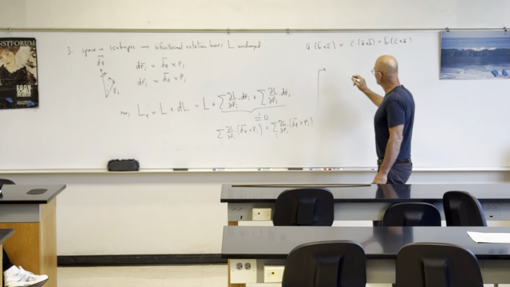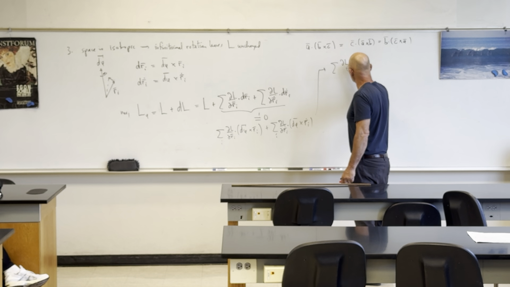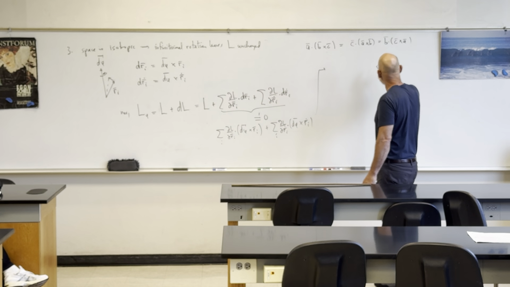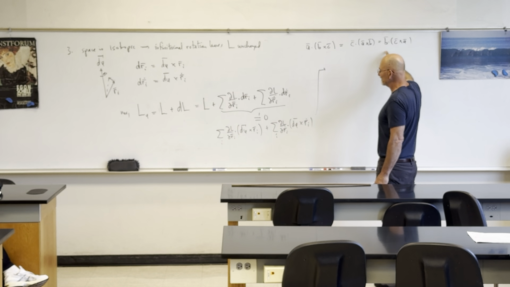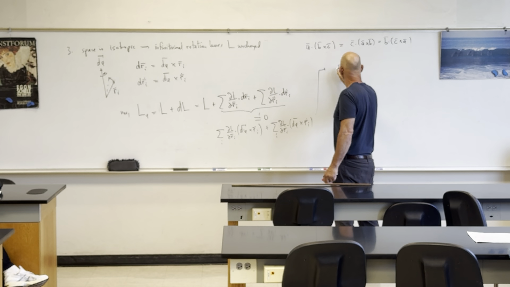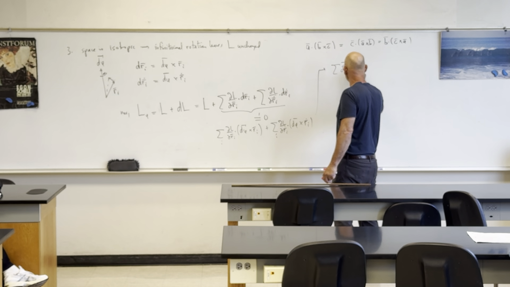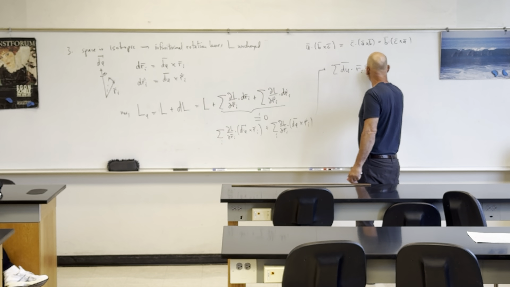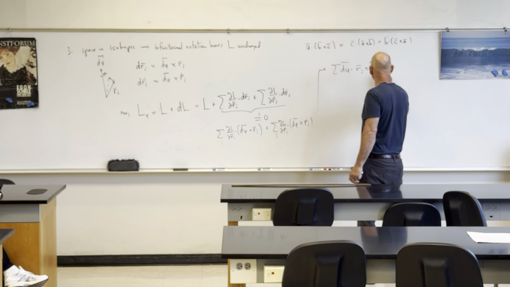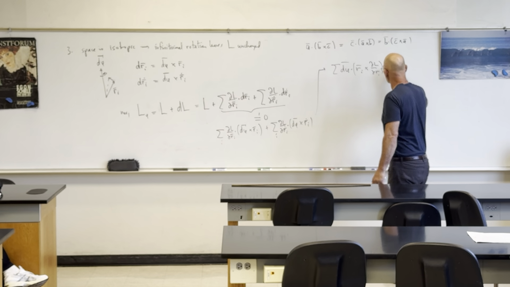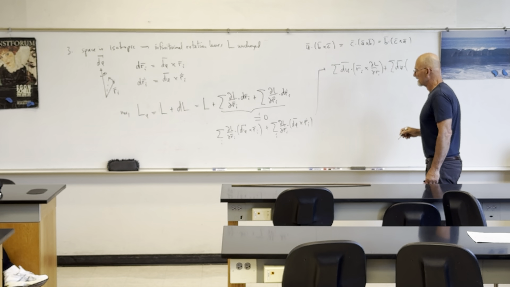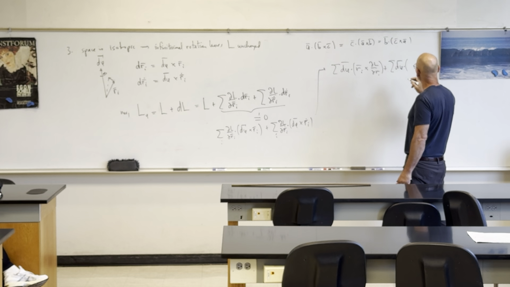So now we'll have the sum over... actually, let me make use of this. The one that comes out front is the dφ. So we have dφ dotted into the sum over r sub i cross ∂L/∂r sub i, plus the sum over dφ dotted into r sub i dot cross ∂L/∂r sub i dot.